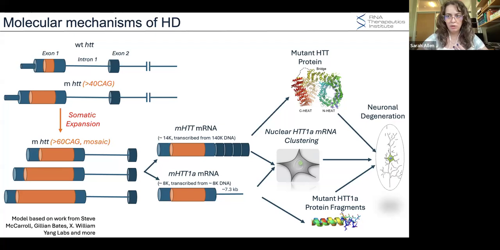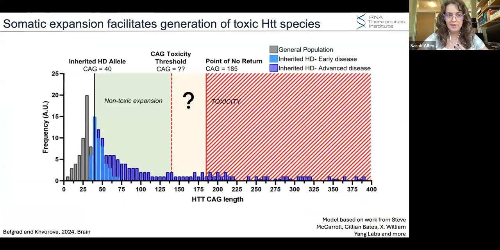So the working model for how Huntington's disease develops currently is that this somatic expansion facilitates the generation of toxic Huntingtin species. So over time, you have the accumulation of more and more CAG repeats, and recent findings from the McCarroll lab demonstrate that we actually don't see toxicity until you've accumulated 150 plus repeats.